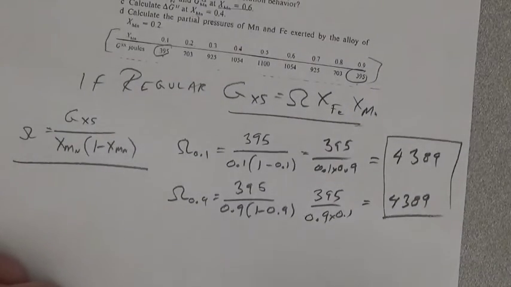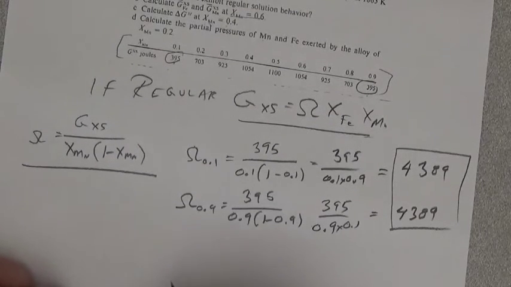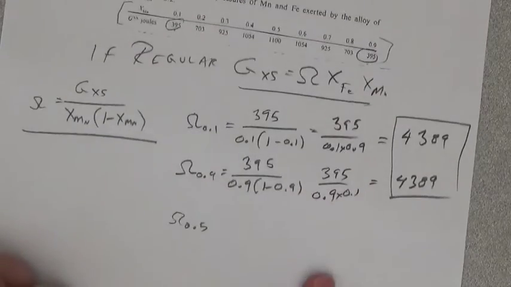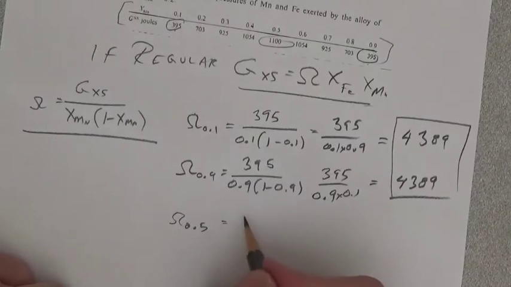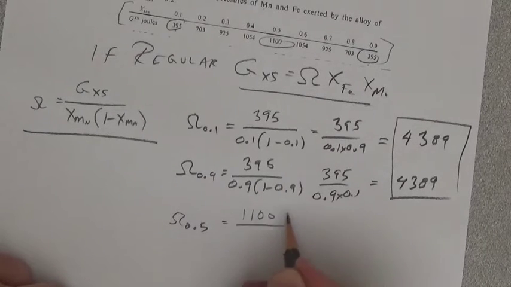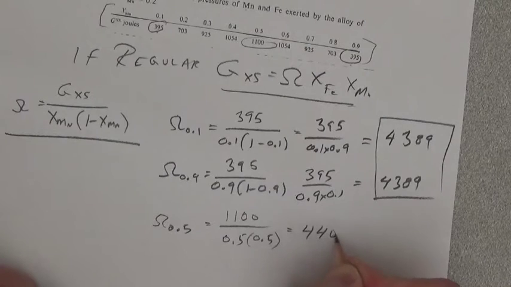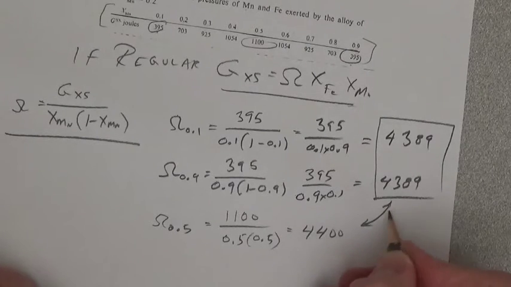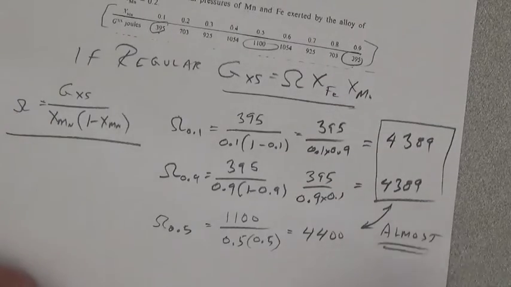Let's try something in the middle as well. Let's try omega at 0.5, which is 1100 divided by 0.5 times 0.5, equal to 4400. And these are almost the same.